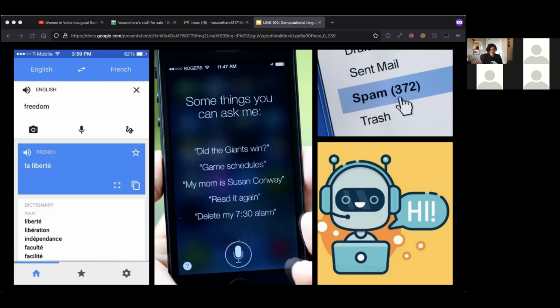So you probably saw things like Google Translate. I feel like you had a Duolingo thing probably. So translation, if you've ever used Siri, if you've ever had an interaction that was frustrating with a chat bot, or if you had something that was misdirected to your spam folder when it shouldn't have been, then you have to blame probably a computational linguist for that.